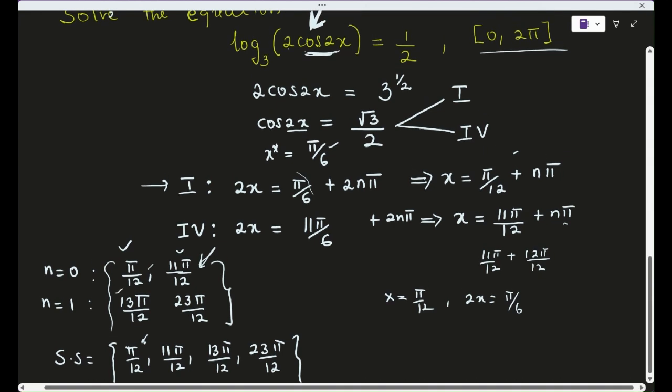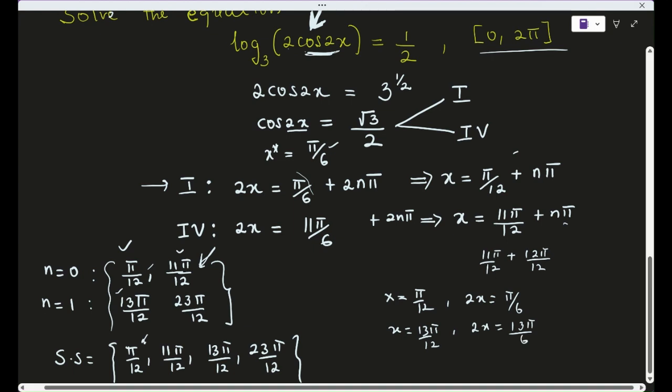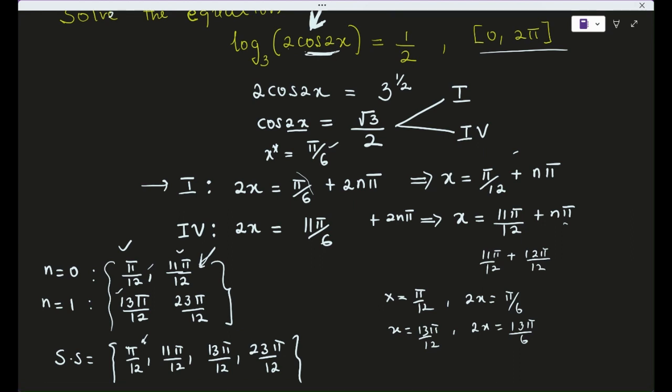For example, if you try this one, what is x in this case? This is 13 pi by 12. By the time you multiply by 2, 2x is going to be 13 pi by 6. And 13 pi by 6 is in which quadrant? I think this is also in the first quadrant, because 13 pi by 6, you can convert it to degrees to see.